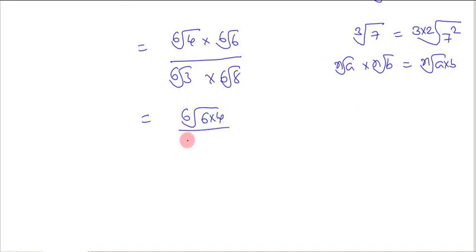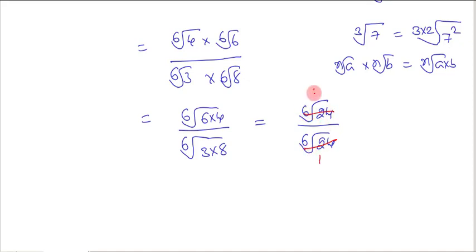The denominator can also be simplified using the same formula, so we write it as the 6th root of 8 into 3. This becomes the 6th root of 24 by the 6th root of 24. As both the numerator and denominator have the same quantity, we can cancel them, so we get the answer as 1.